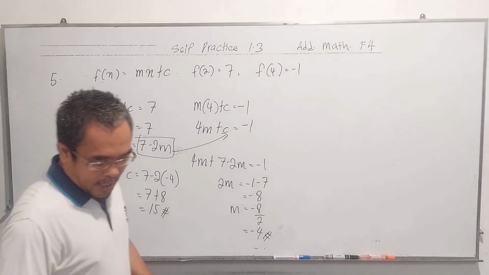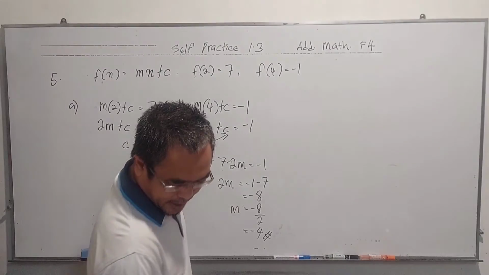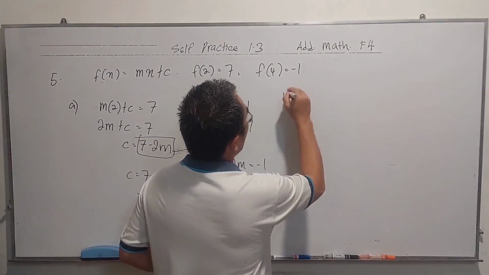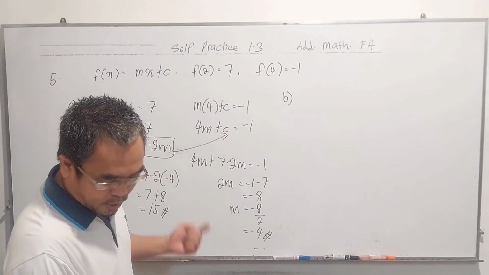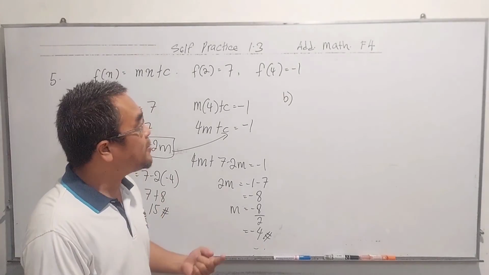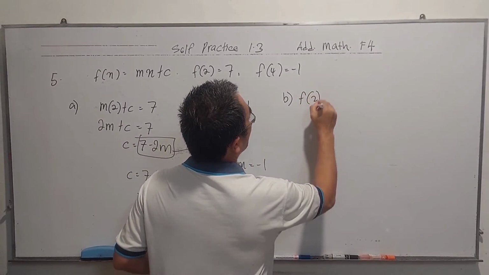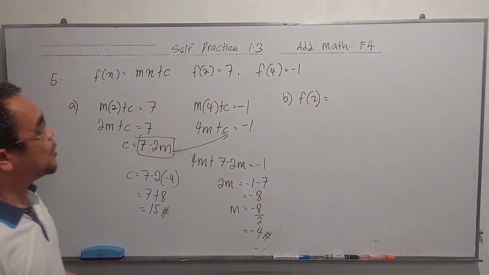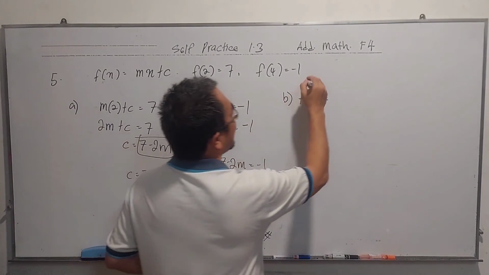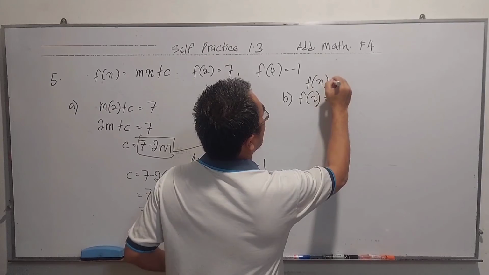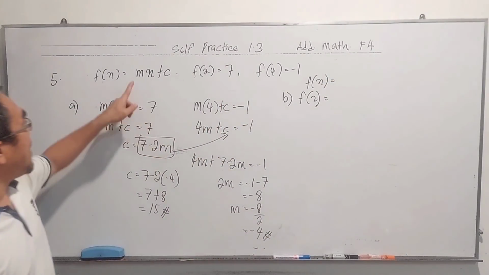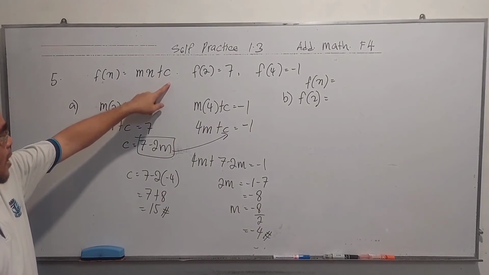Okay, and b, the image of 2 under f. The image of 2 means 2 is the object. So we are talking about f2. Okay, so before that you should write fx without m and c anymore, because we have got those.